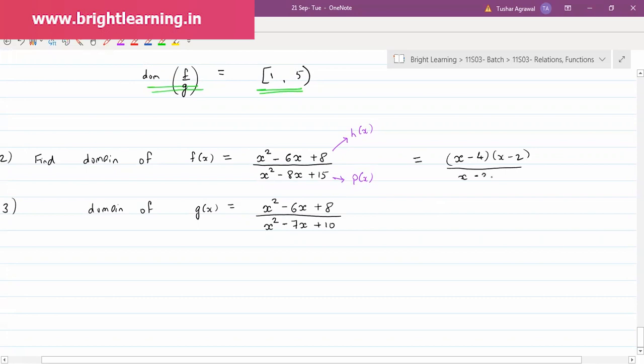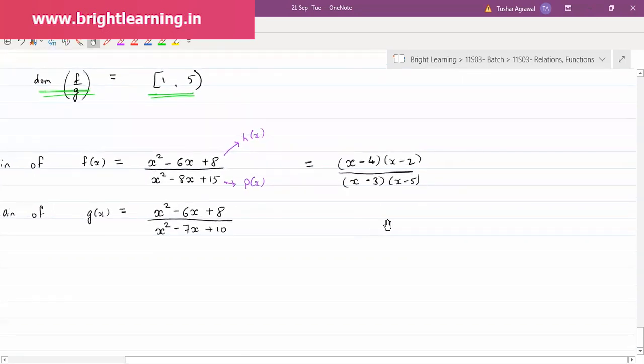In the denominator, the factorization is x minus 3, x minus 5. So my domain is the set of all real numbers except the points 3 and 5. Do you agree with me?